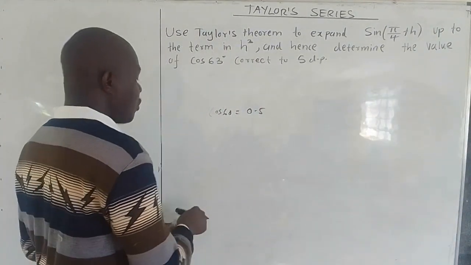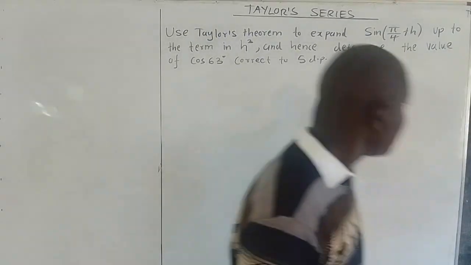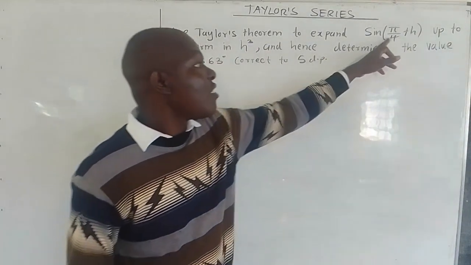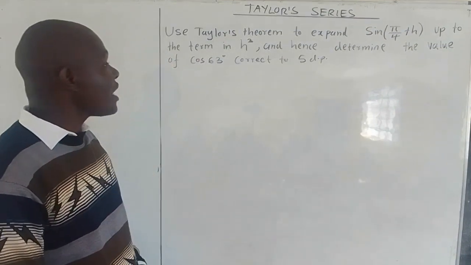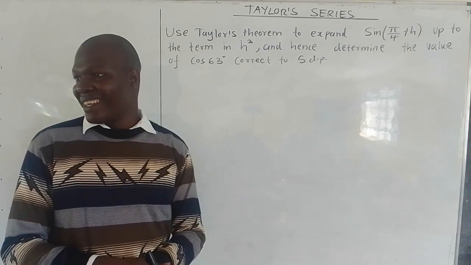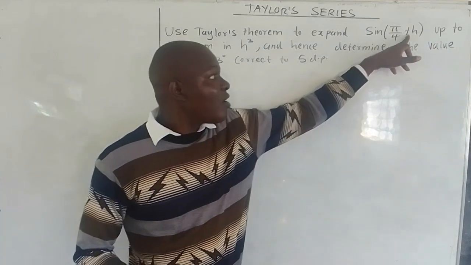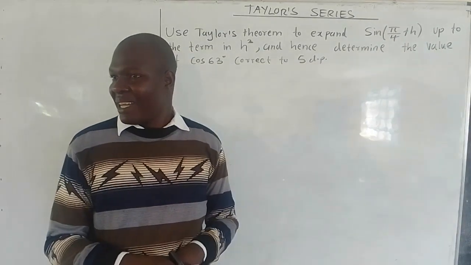That is okay. So the first thing before we expand sin(π/4 + h), we need to know how to expand a function of x plus h in the Taylor series, isn't it? Because when you have sin(π/4 + h), meaning this π/4 is x, isn't it? Are we together?